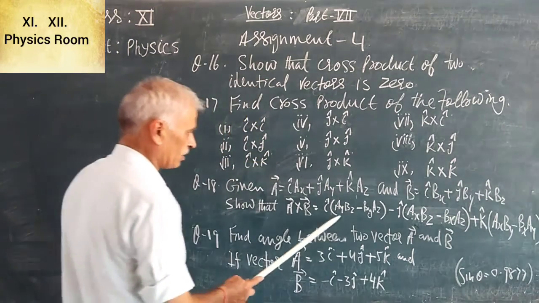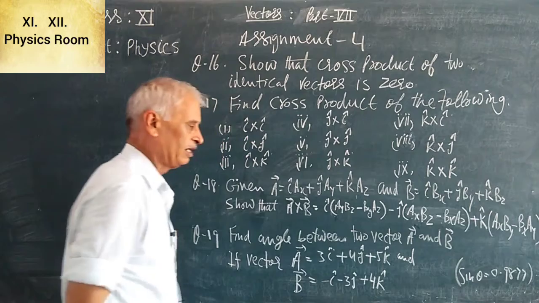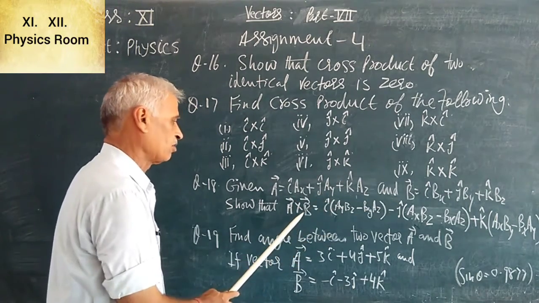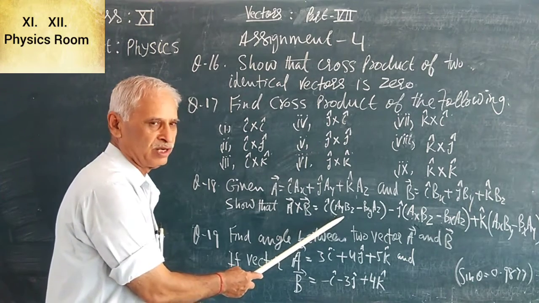You will get this result finally in rectangular form. Since these two vectors are in rectangular form, the cross product will also be in rectangular form.